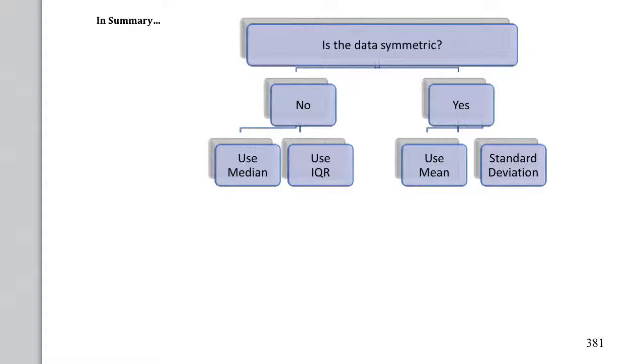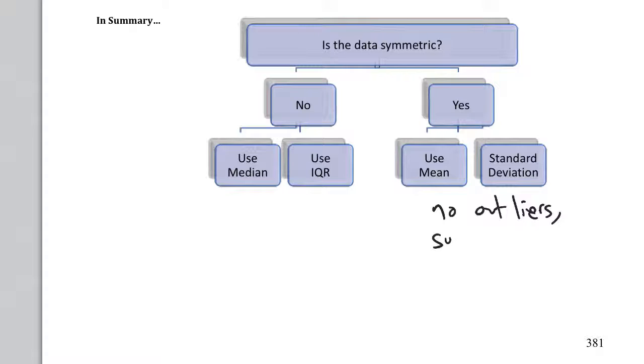When we're describing the data, you're going to go through this thought process for yourself, and this chart is a great thing to remember. The question is: is the data symmetric? If it is symmetric, you're going to go to the right side. On the right side, we describe the data using the mean and standard deviation, because symmetric means no outliers or very few outliers.